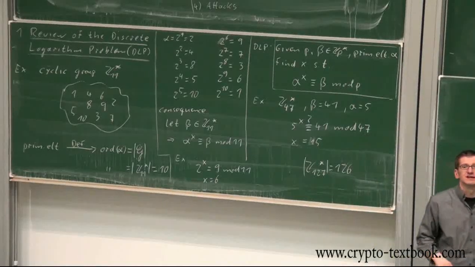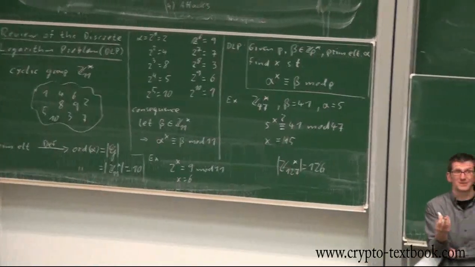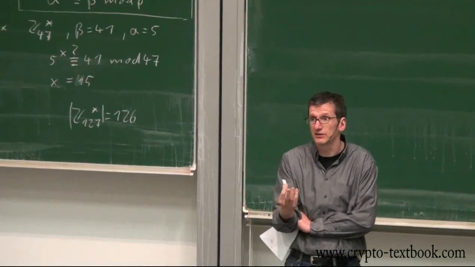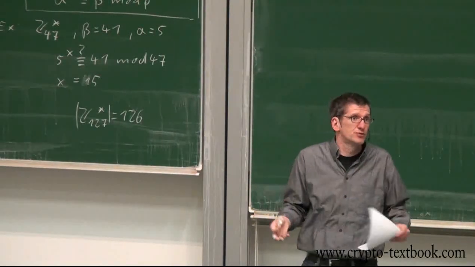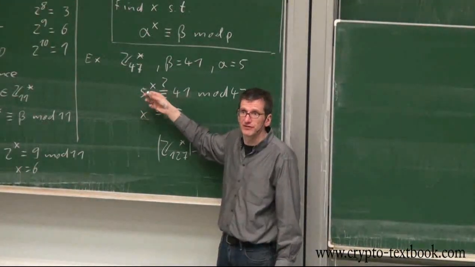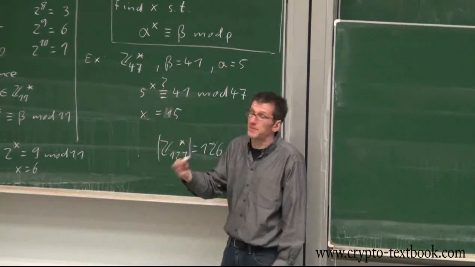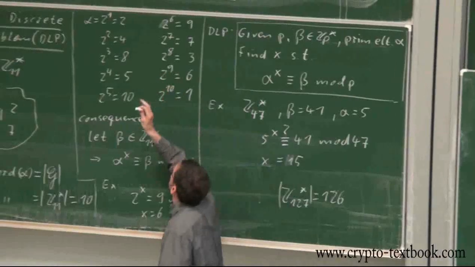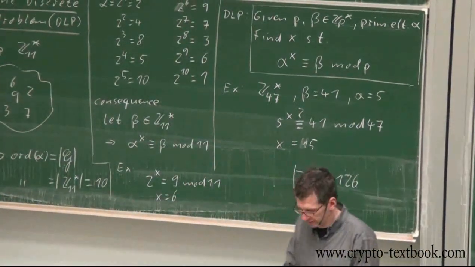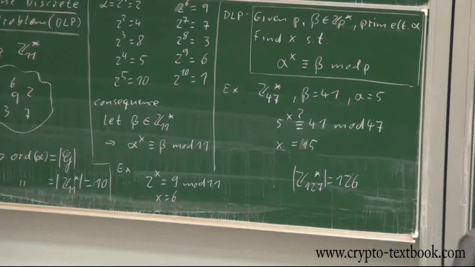I just wanted to give you an idea: just by looking at it, it's not that easy to come up with a solution. Right now the best thing you can do is brute force: try x equal 1, 2, 3, 4, 5, and so on. There are better attacks, and that's chapter 4 of today. We talk about attacks. Right now we only have brute force, okay?